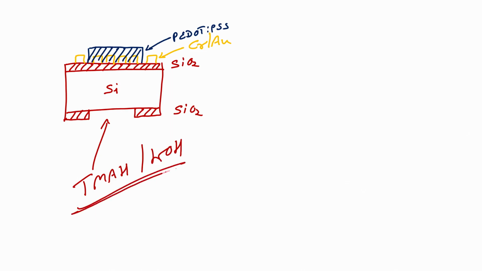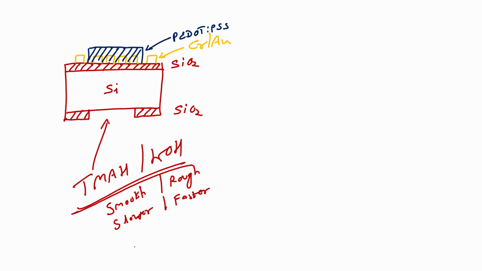These are both chemicals, and that is why it is wet etching. KOH and TMAH has some kind of pros and cons. If you want to know, these are the pros and cons. TMAH gives us a smooth wall when we etch. KOH gives us a rough wall when we etch. TMAH is slower, KOH is faster etching.